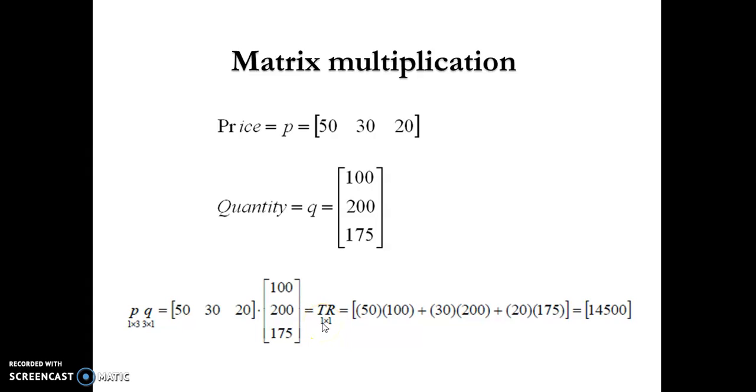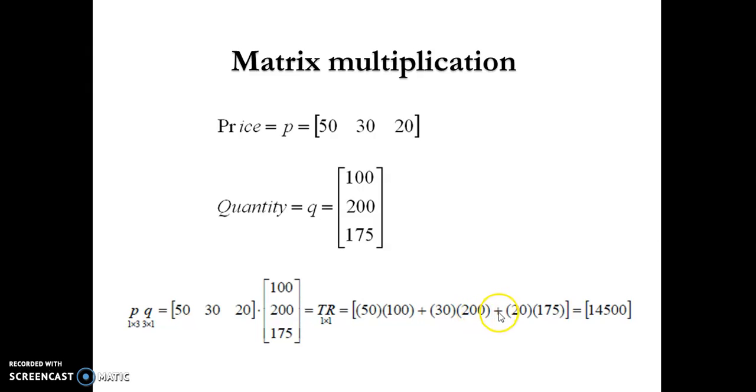1 row, 1 column. So how do we go about this multiplication? Here's my row vector and here's my column vector, and I'm going to get the product thereof. You're going to take the first element in your row and multiply it by the first element in your column. Then you're going to add it to the second element in your row times the second element in your column, which is 30 times 200.